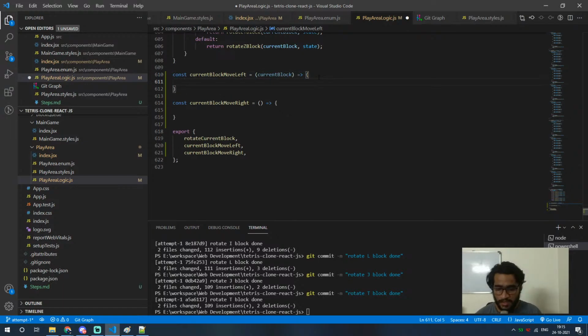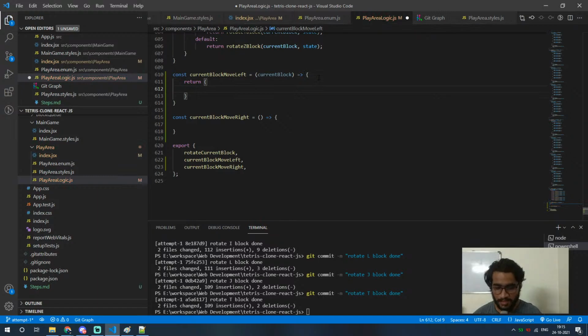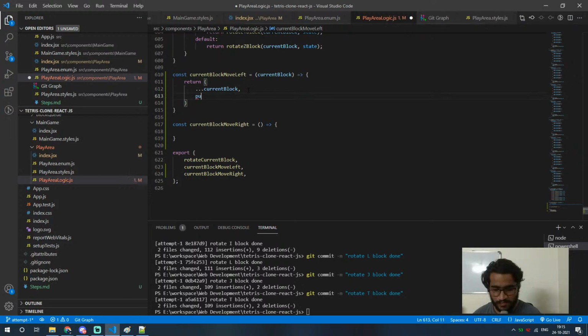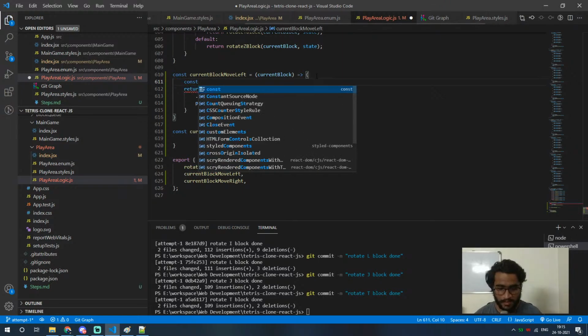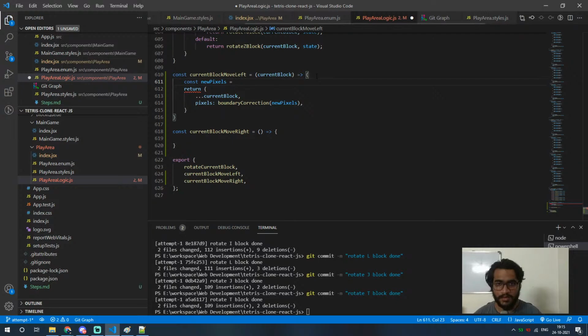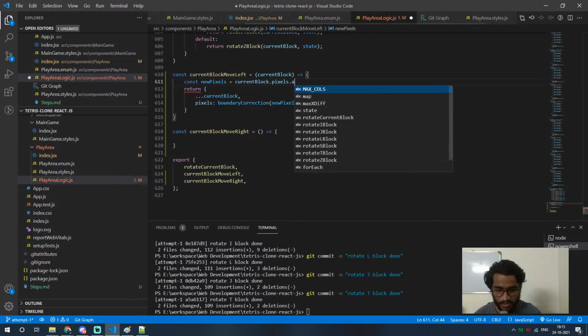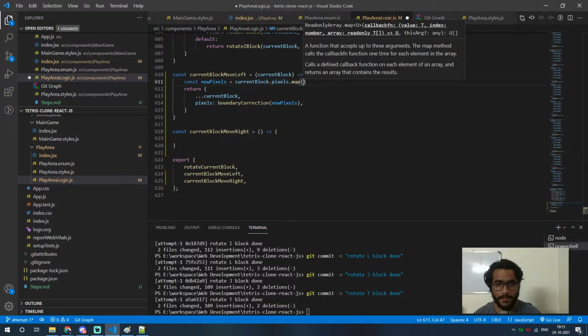So return current block with pixels, boundary correction, new pixels, current block dot pixels dot map.